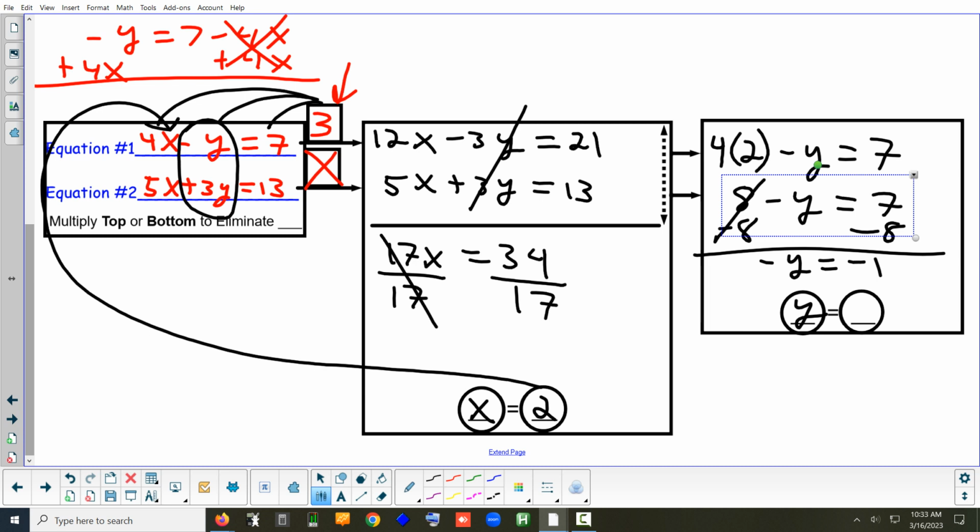And 7 minus 8 is negative 1. So if negative y is negative 1, what's positive y? Right now this is the opposite of the answer that I want because it's negative y. So positive y is 1.